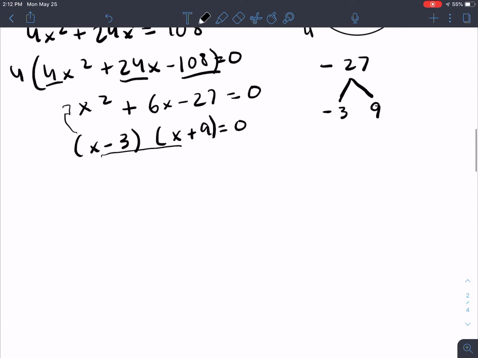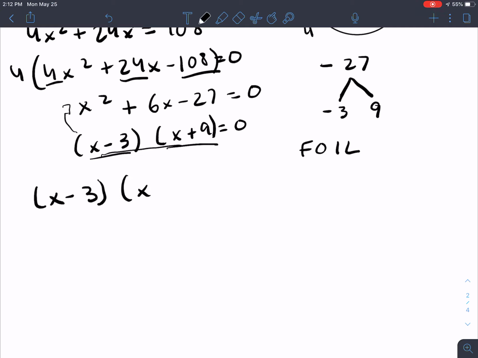So x minus 3 and x plus 9 are binomials. So I can use the FOIL method. So the FOIL method is the first two numbers.